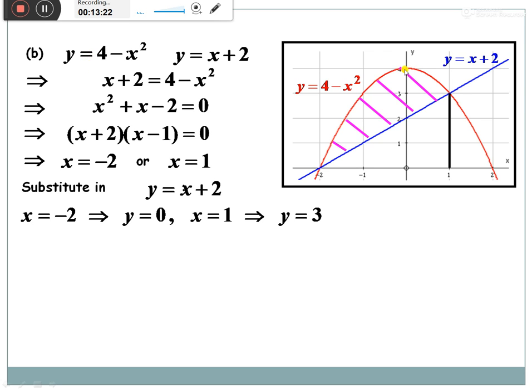It means the vertex is (0, 4) and the points of intersection are (minus 2, 0) and (1, 3), and we have to find this shaded region.